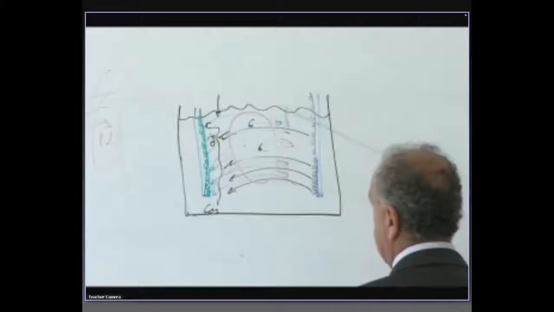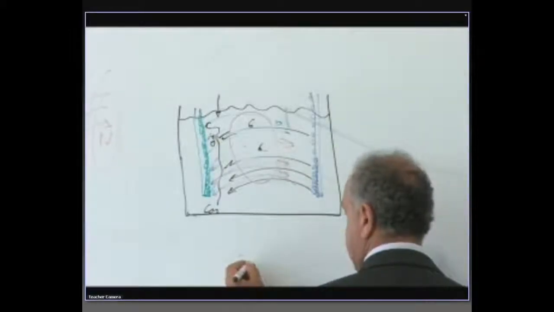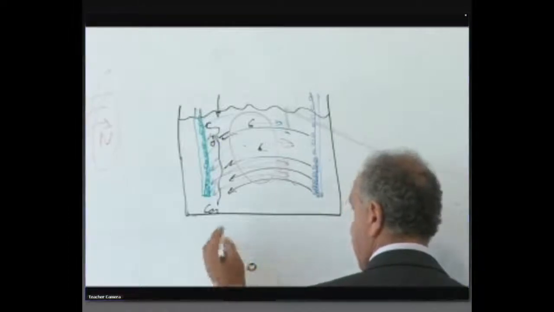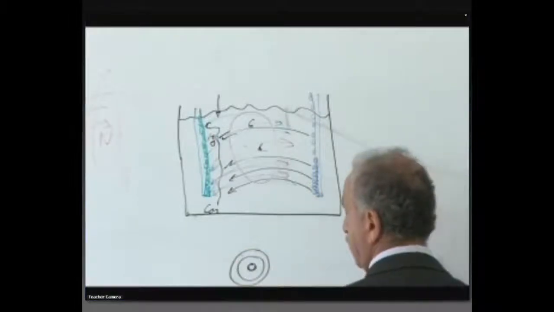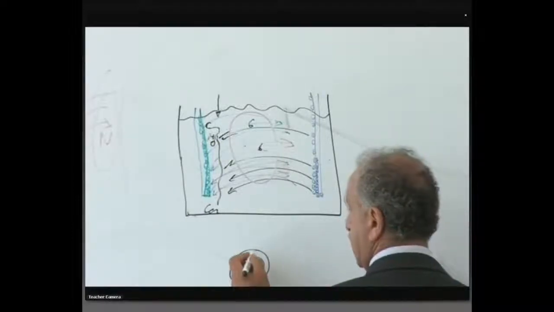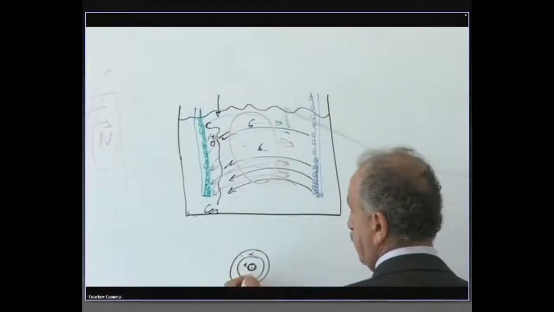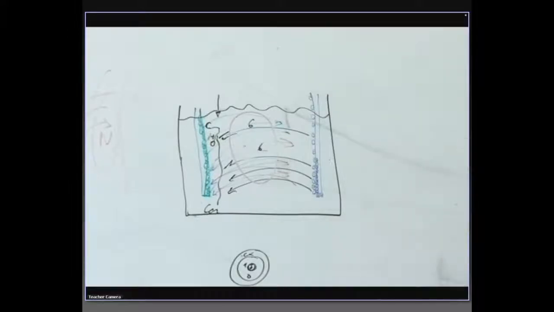Now, so if you look at your plasma, this is your plasma. What you get is this. Two oxygens and a carbon. This is the status of your copper oxide and zinc.